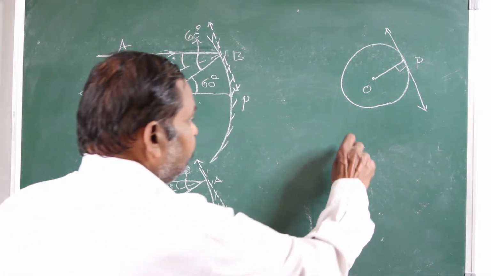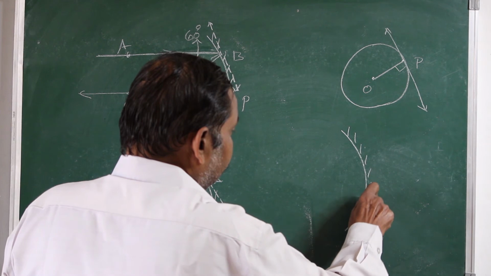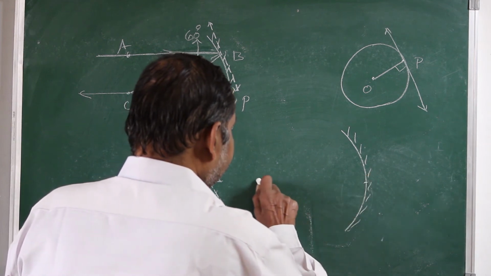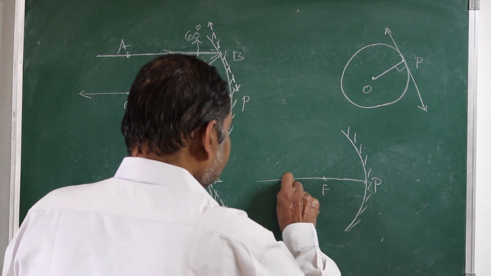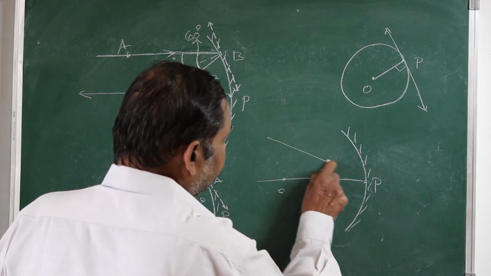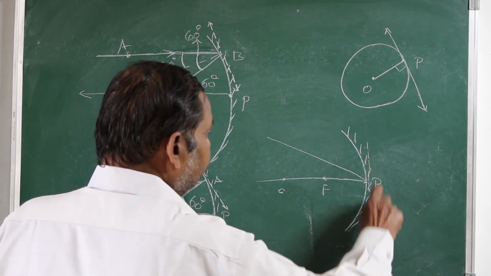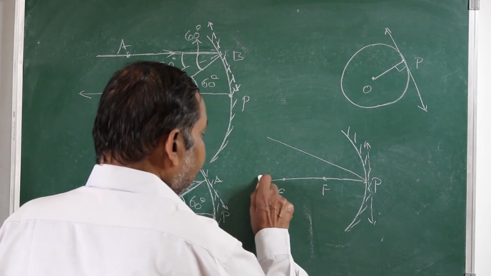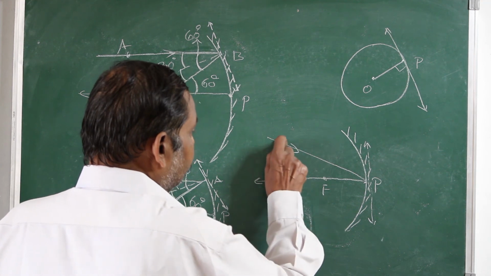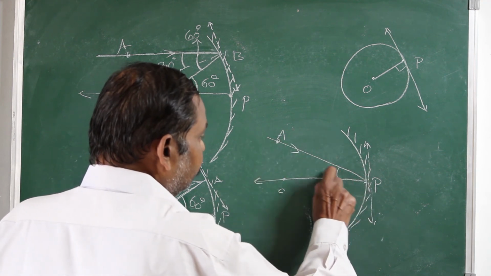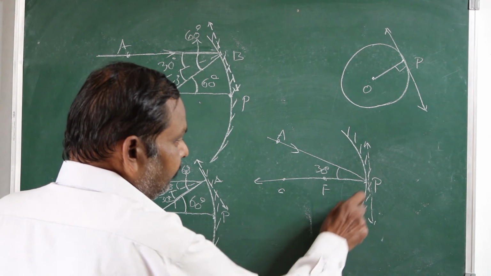Now what is the third case they asked? The third case is, here you assume a tangential plane, CP is the radius, and this itself is the normal, AP is the incident ray, which is 30 degrees, and the incident ray turns back with the same angle.